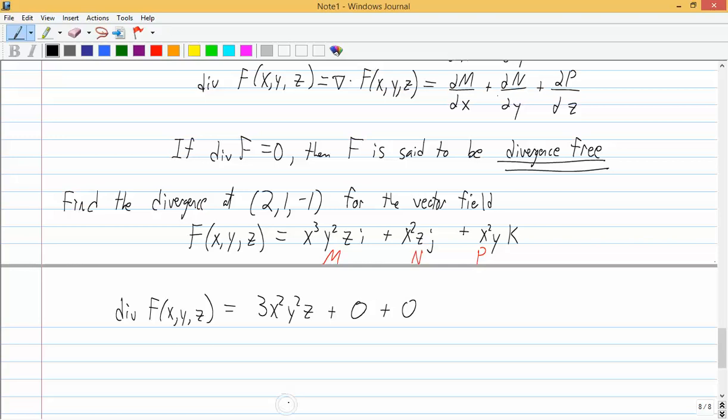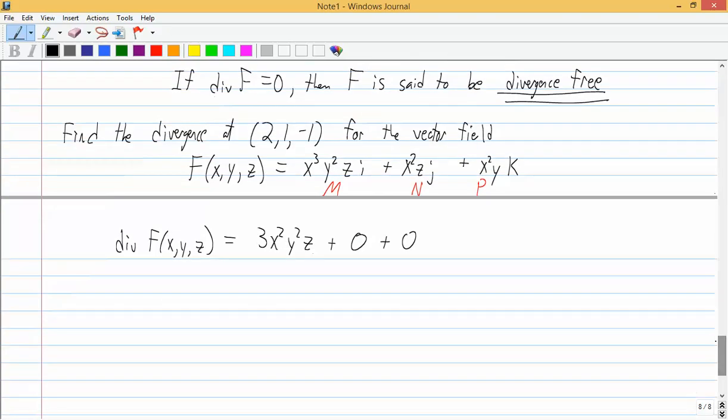So all we have is this part of the function here. Our point was 2, 1, -1. So 3 times 2 squared times 1 squared times -1 is equal to -12. So that is what the divergence at the point 2, 1, -1 is equal to for that vector field.